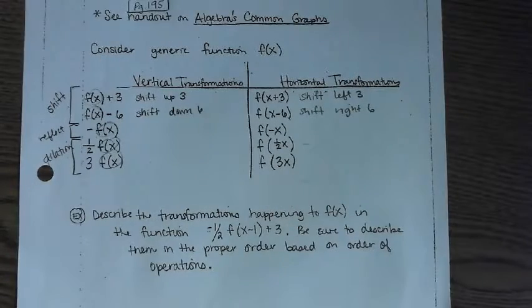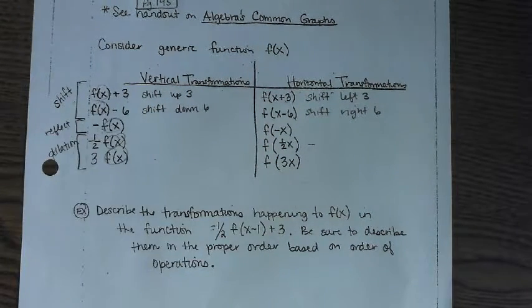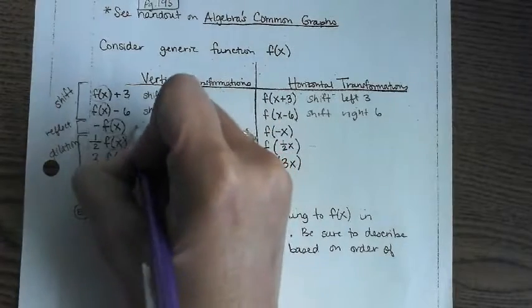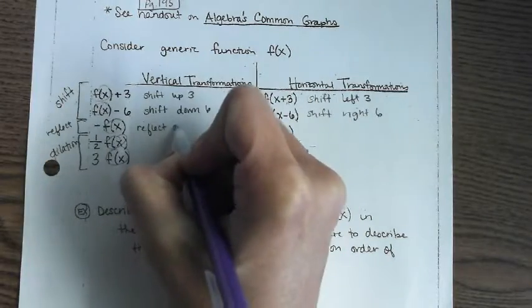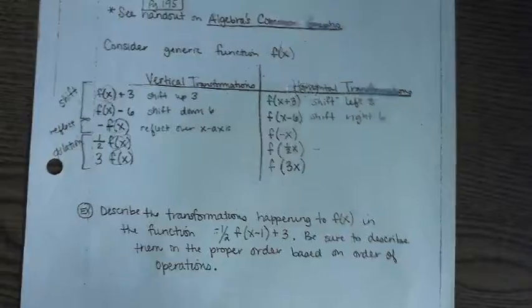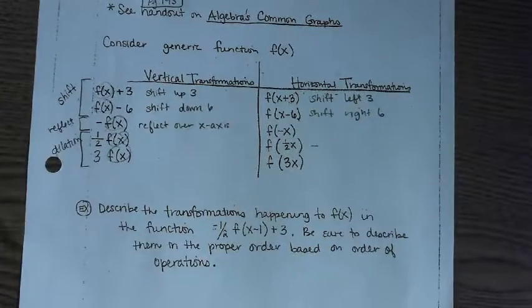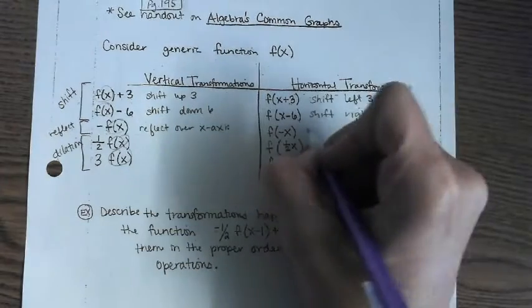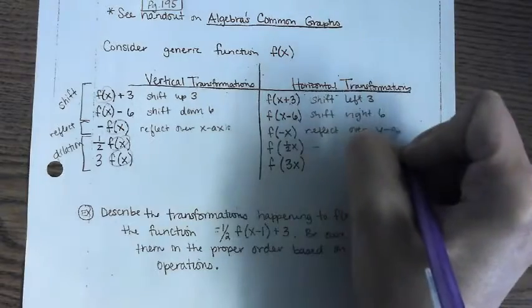This is all a big review, yes? Kendall, what does this negative do? Reflect over what? Reflect over x-axis, correct. When you flip vertically, like from here and flip down, that's a reflection over the x-axis. So this one here is a reflection over a y-axis.